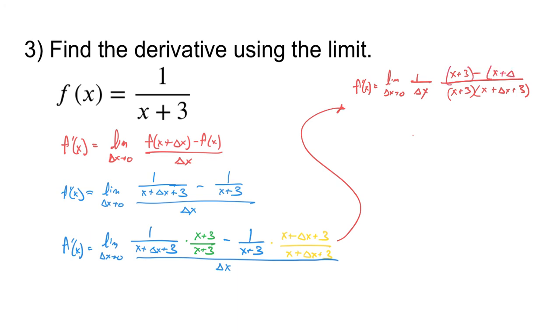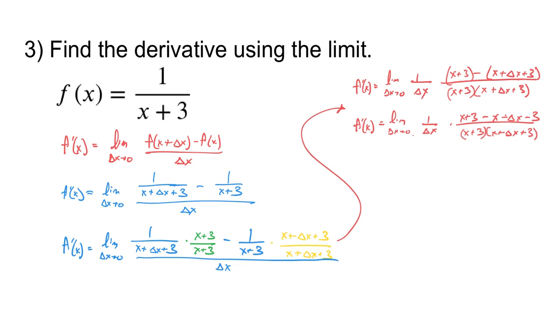So you will see that when I do that and I go down to my next step and start distributing through the parentheses and seeing what's going to combine and cancel out, let's see here. The x plus 3, I'll have a minus x, I'll have a minus delta x, I'll have a minus 3. And again, it's over that messy denominator.